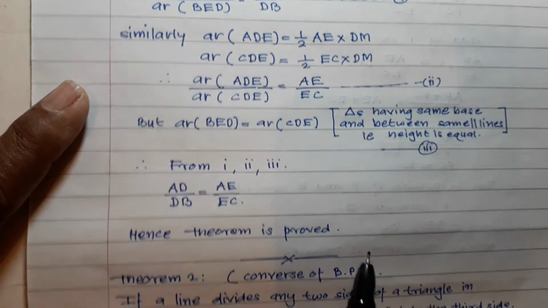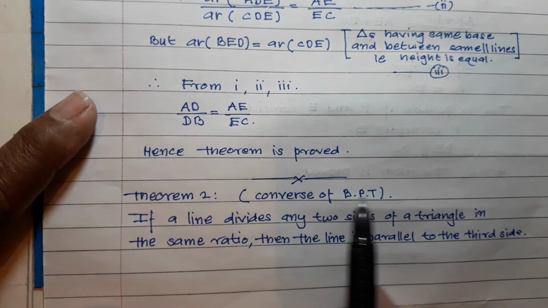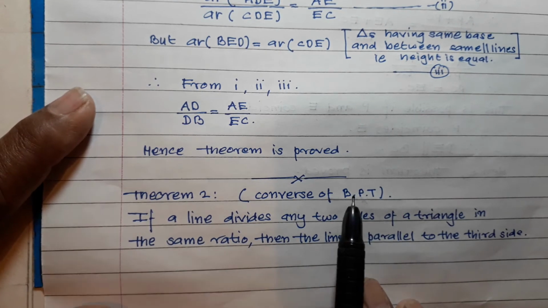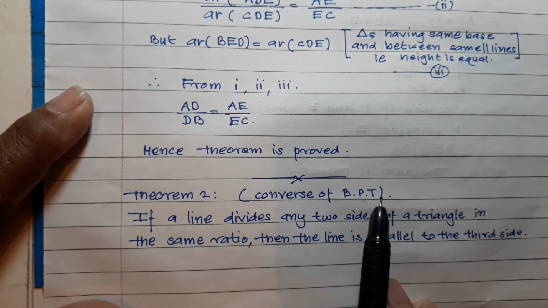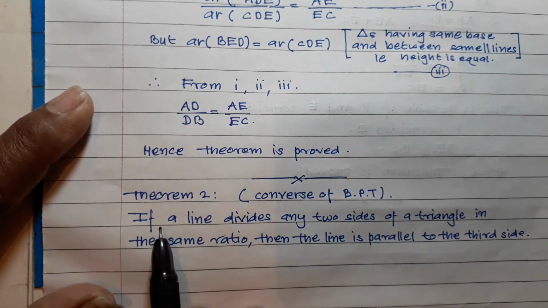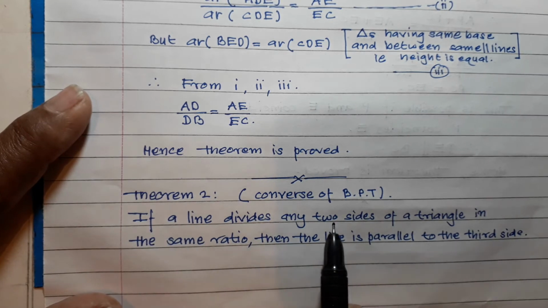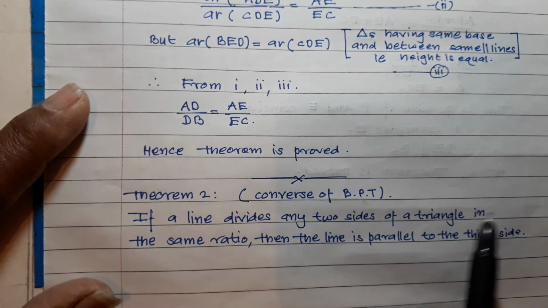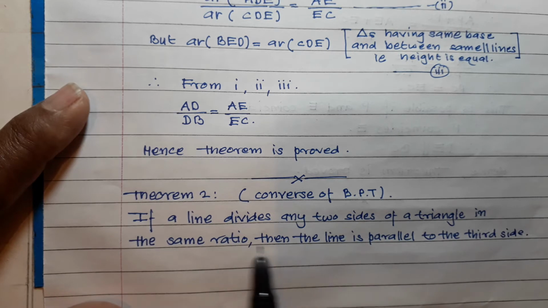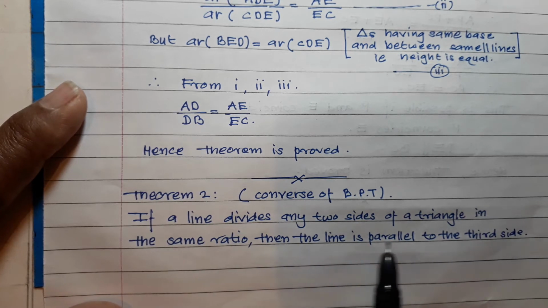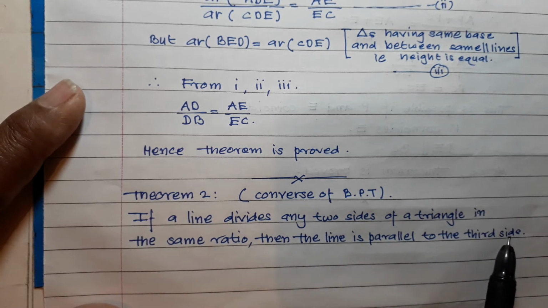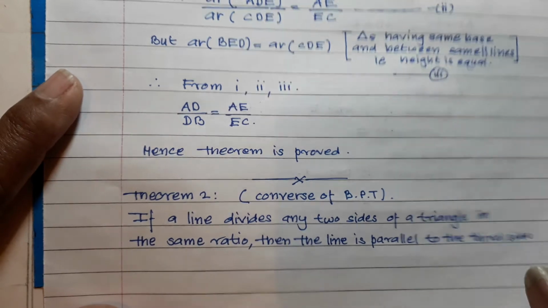Theorem number 2, converse of BPT, that is the Basic Proportionality Theorem. If a line divides any two sides of a triangle in the same ratio, then the line is parallel to the third side. Okay.